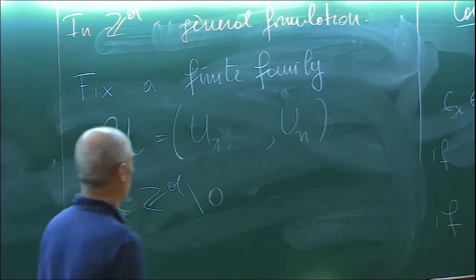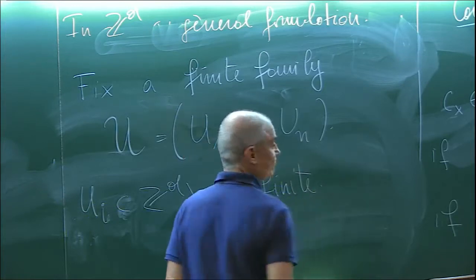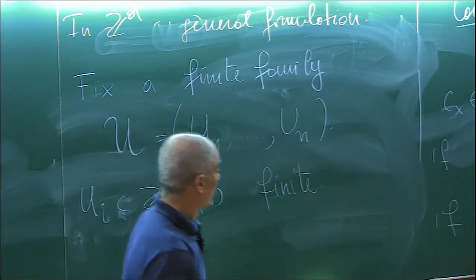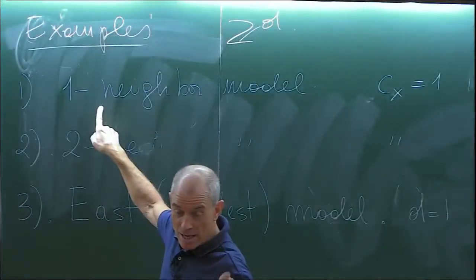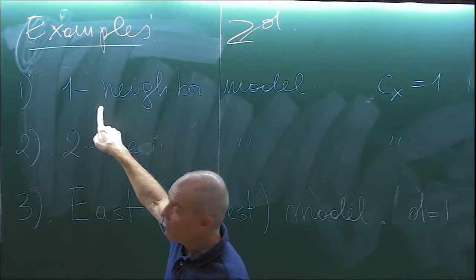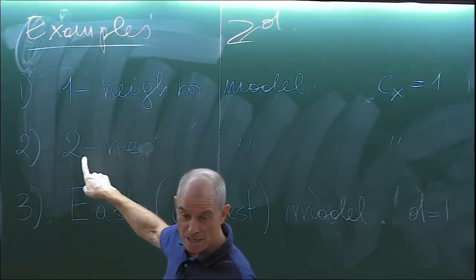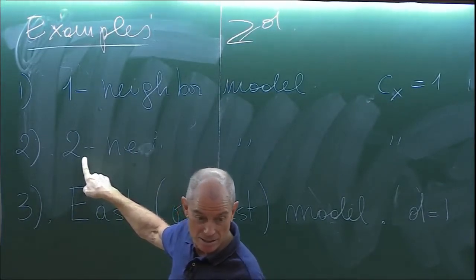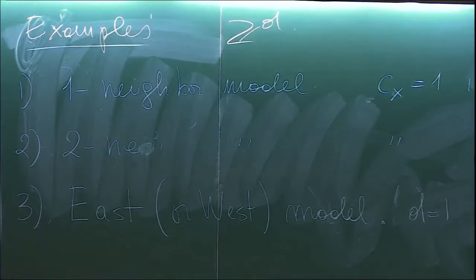For example, in one example you take one set of neighbors of the origin. In another example, you take two subsets of the neighbors of the origin, etc.